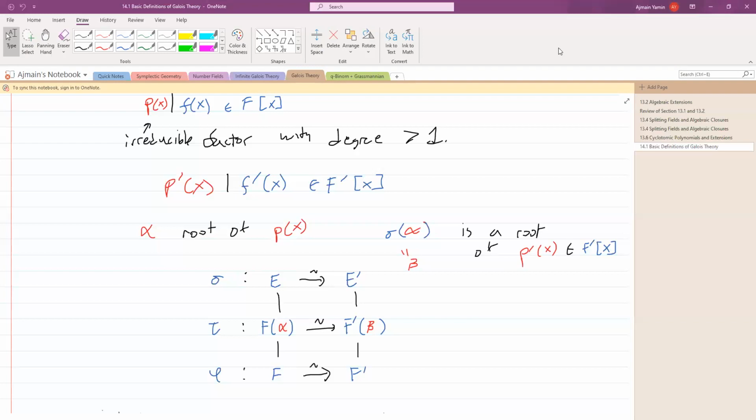Okay. So any sigma gives such a diagram, and we need only to count the possible number of these diagrams.